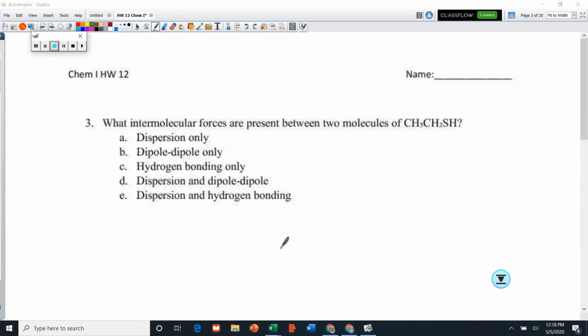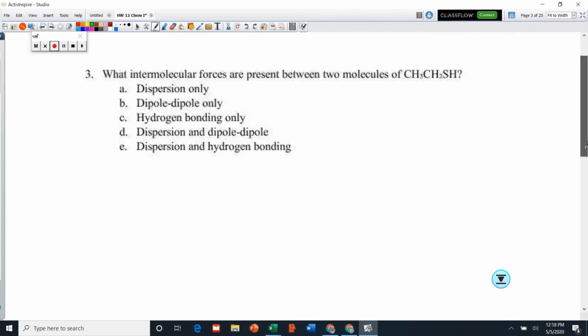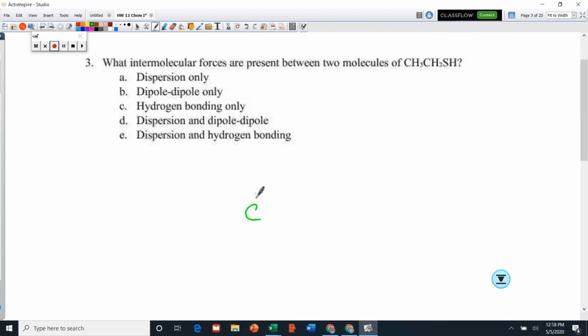Approaching this question: what intermolecular forces are present between 2 molecules of CH3CH2SH? I'm going to draw this one so you can see what we have here. The CH3 looks like this, and then we have a CH2.